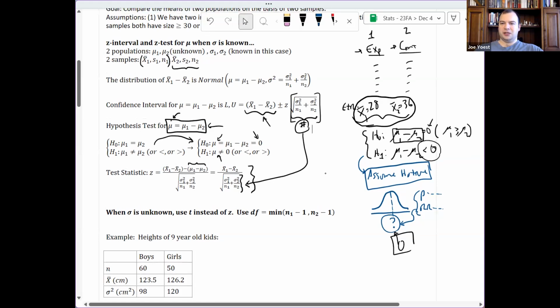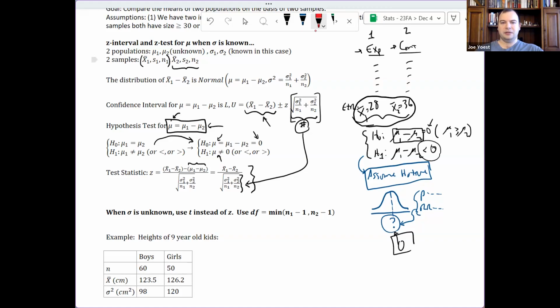And then the question is, well, what if we want to generalize this a little bit? So up here, I assumed that sigma was known. What if I instead want to evaluate the case where sigma is unknown, probably a more realistic case?